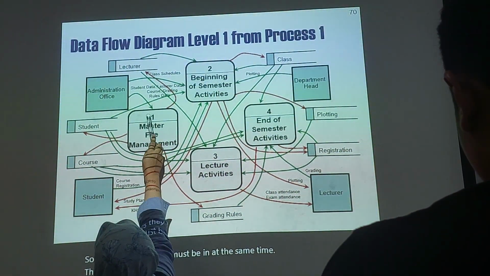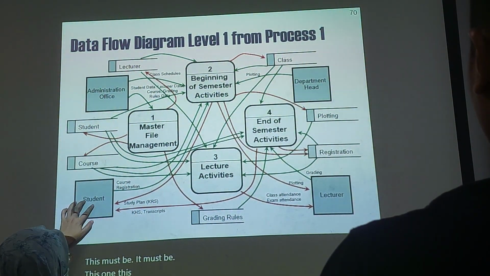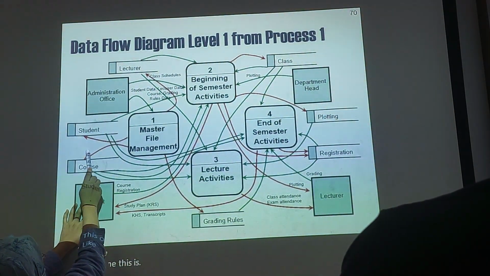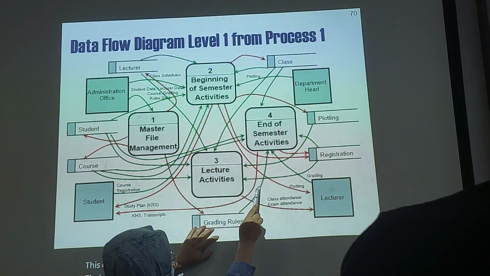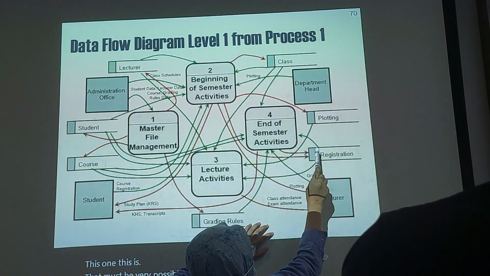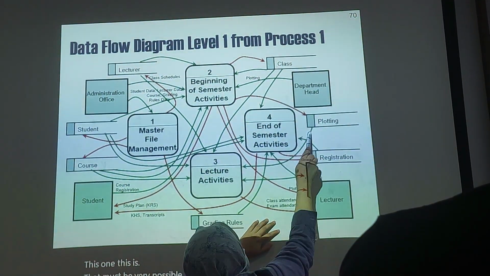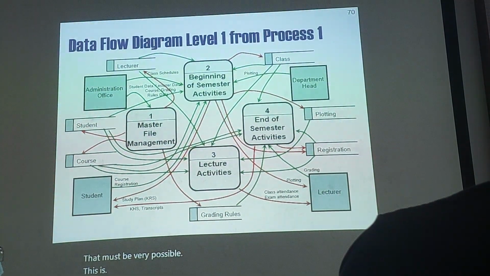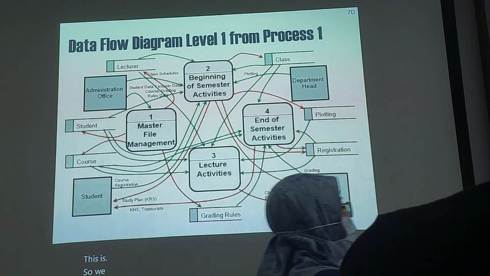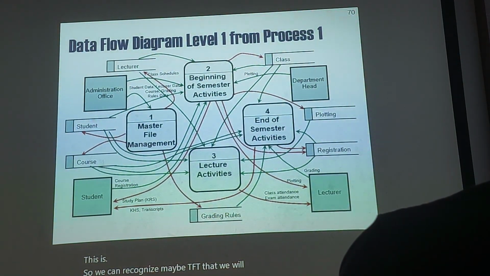This one in, this is out. For a database like that, must be in, out. In, out. In, out. So we can recognize maybe the DFD that we have considered. This is the idea.